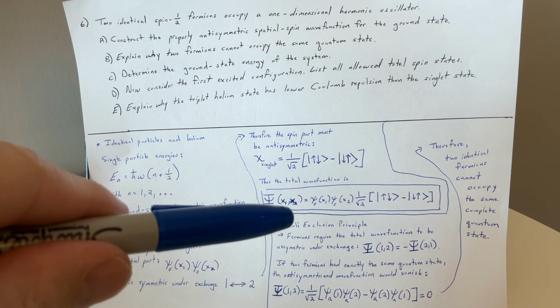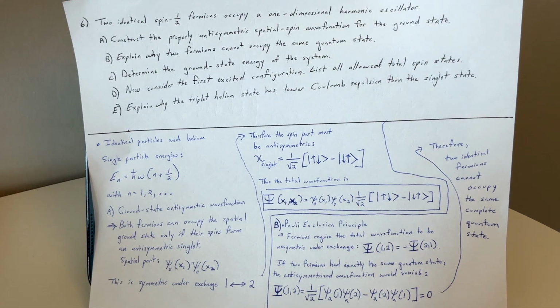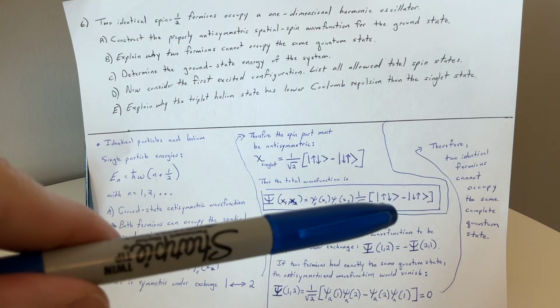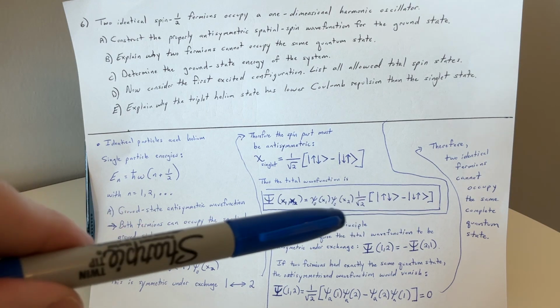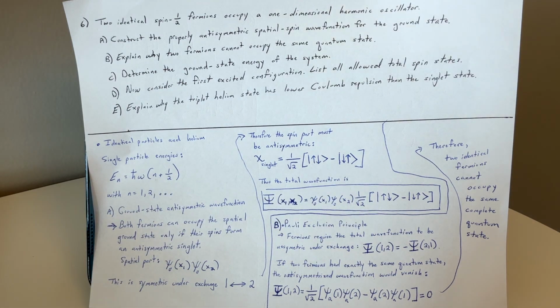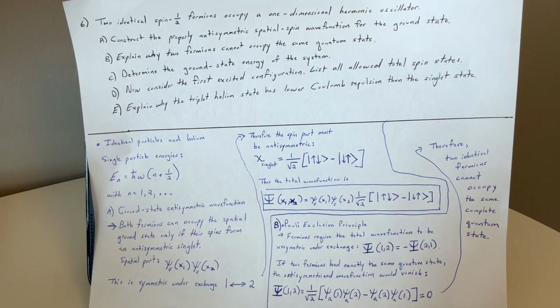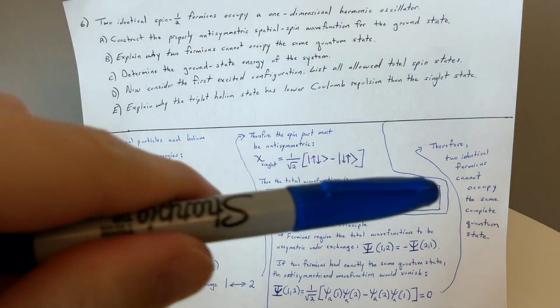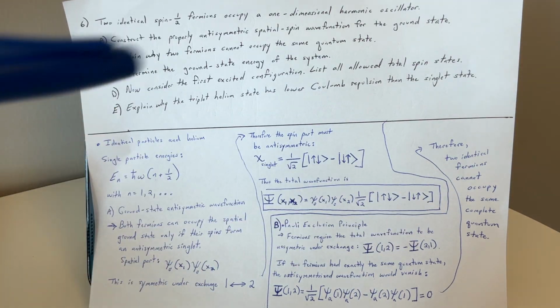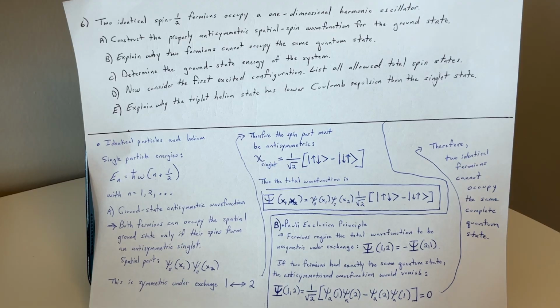Total wave function is going to be psi naught x of 1, psi naught x of 2, times 1 over root 2, and then times our spins, difference. The difference between spin up, spin down, and then minus spin down, spin up. So, this is our total wave function for the ground state.